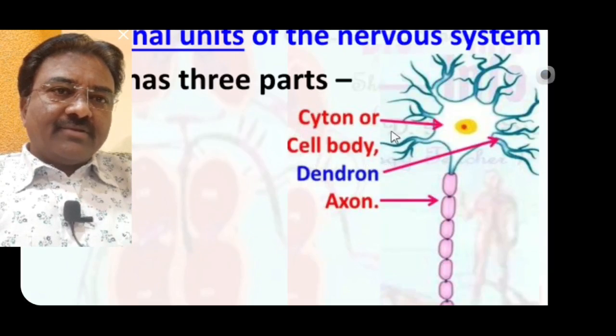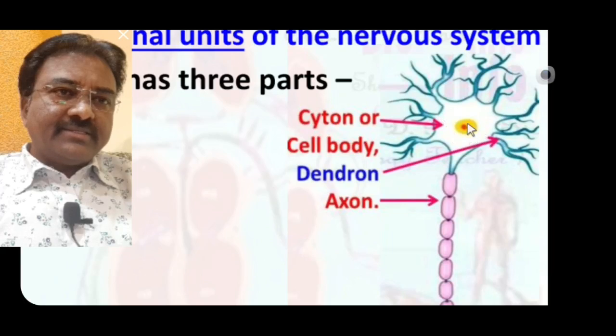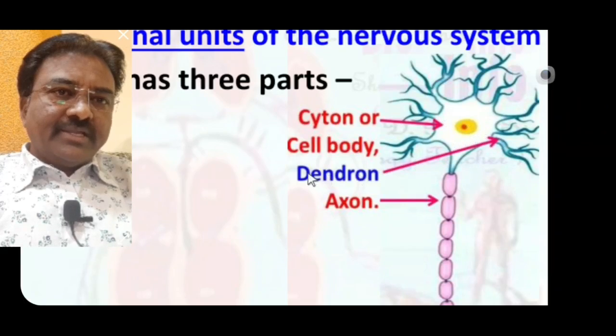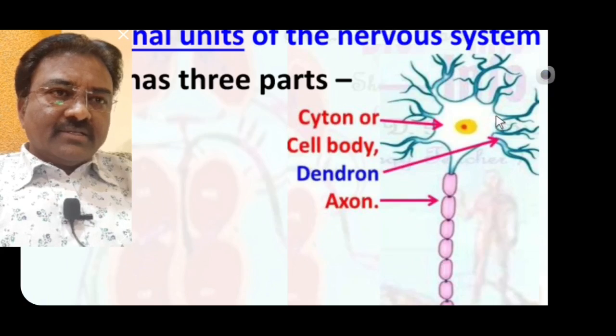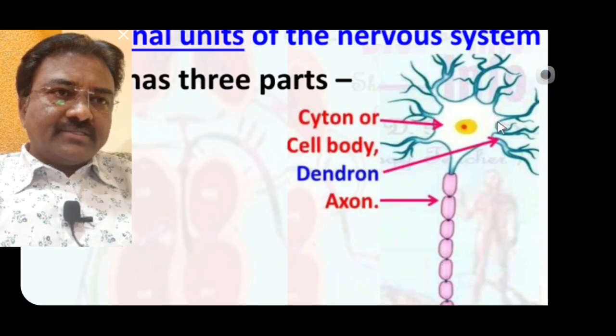First one is cyton or cell body, means this part is cyton, cytoplasm, it contains nucleus. Dendron means this part, conical projection originating from cyton.